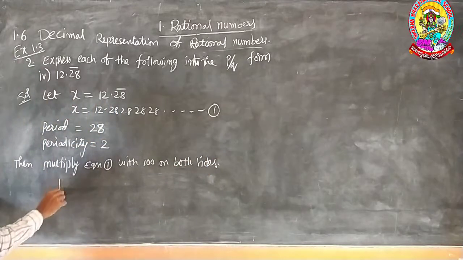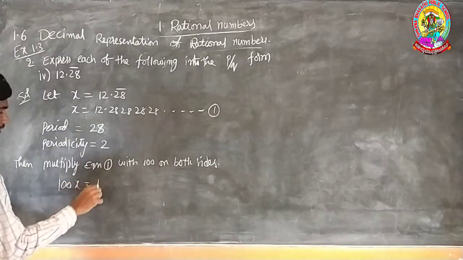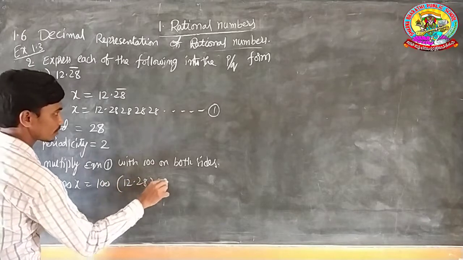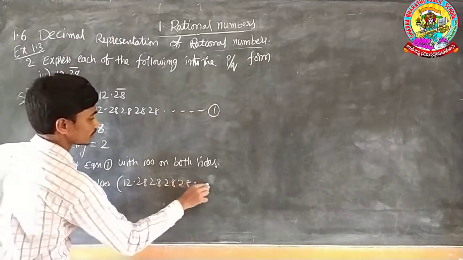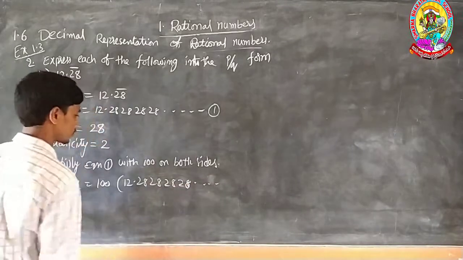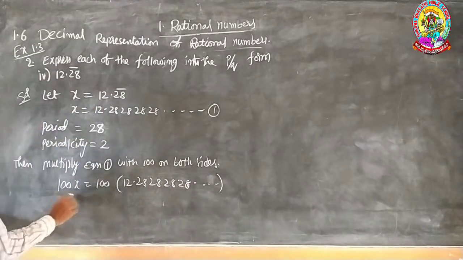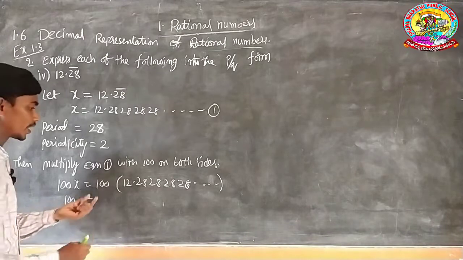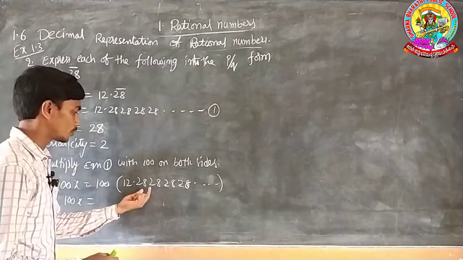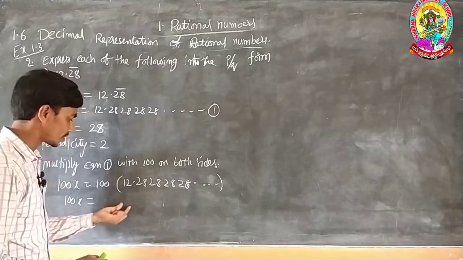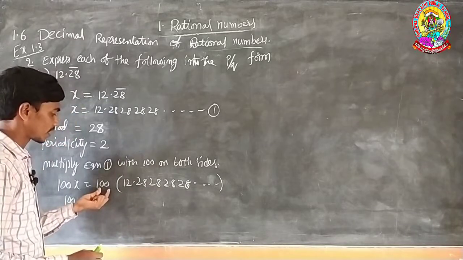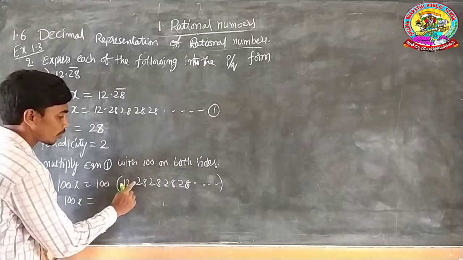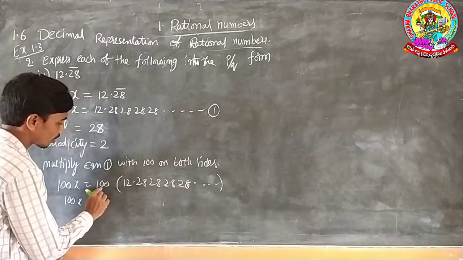What should we get? 100 into x is equal to 100 into 12.28, 28, 28, 28 and so on. So 100x is equal to, whenever you multiply a decimal number with tens, hundreds, thousands, you simply move the decimal point by the number of zeros.